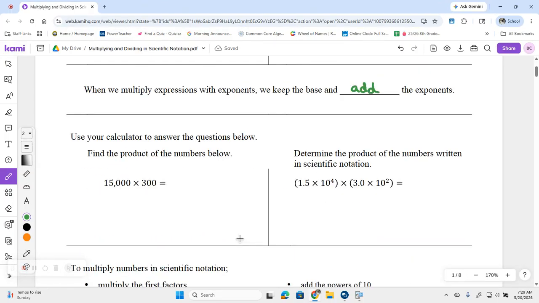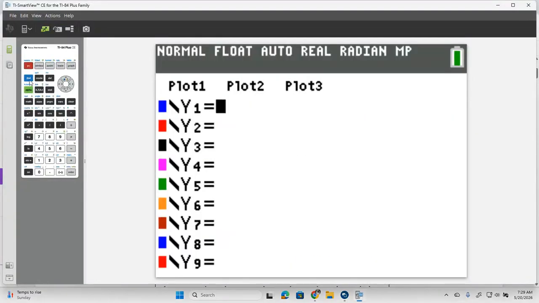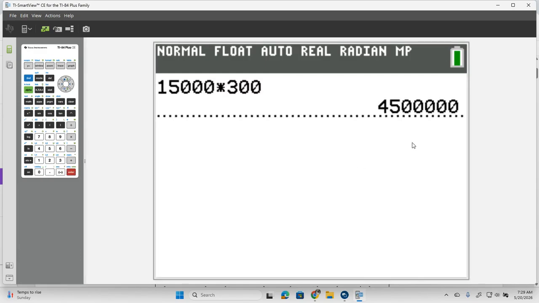To start, let's multiply two numbers in standard form, 15,000 times 300. And our answer is 4,500,000.